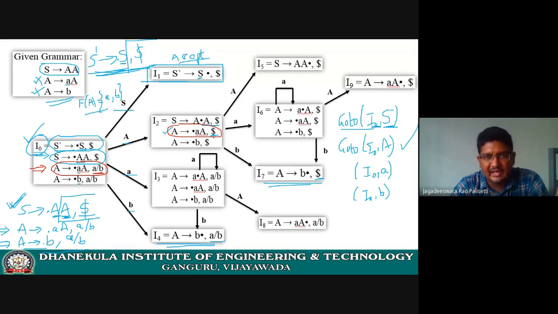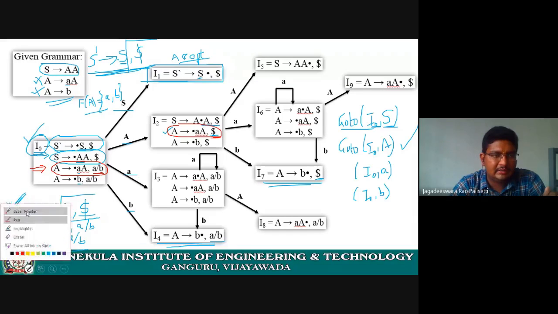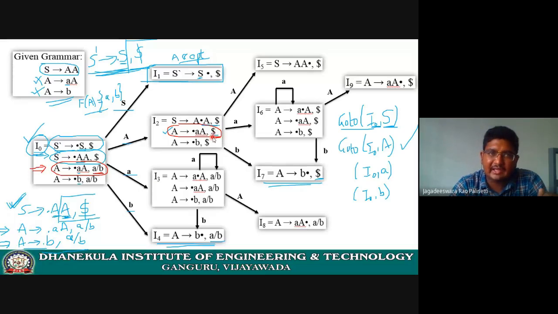But if you observe here, we are getting dollar here because of its previous production rule. What was the previous production rule? Why are you adding this particular production? Because of this capital A. So after capital A, what do we have?